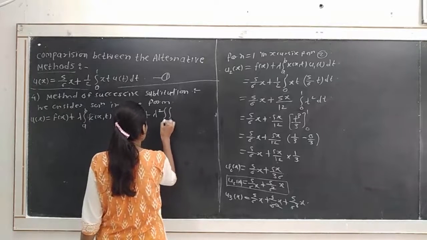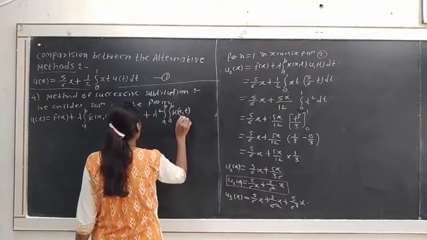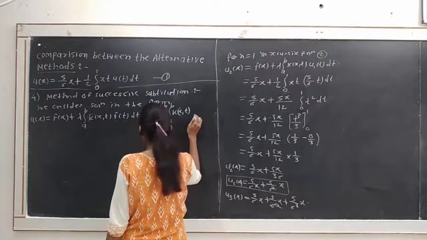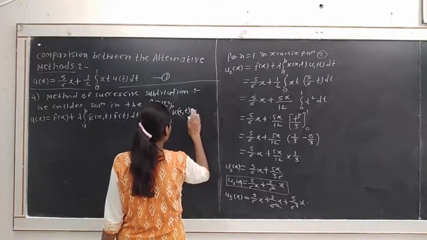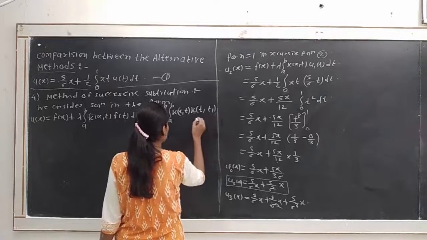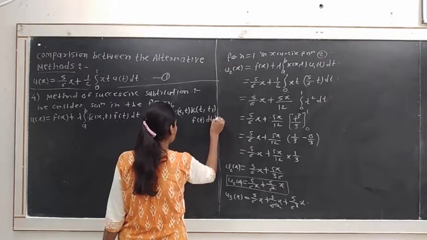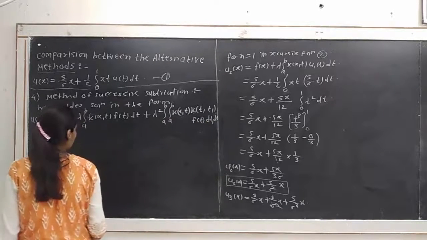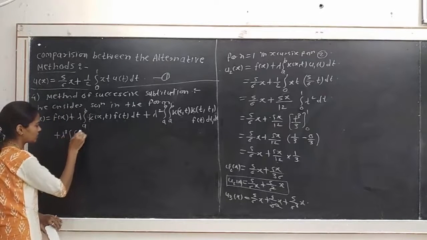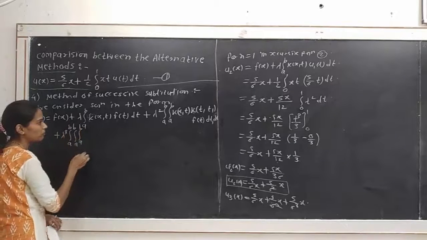Here we have a double integral from a to b, with two kernels: k of x,t, that is the kernel in terms of x and t, and then the kernel in terms of t and t1, that is k of t,t1, and f of t1 dt1 dt. Okay, double integral, so dt1 dt. Then in the next term we have lambda cube, a triple integral with limits from a to b.